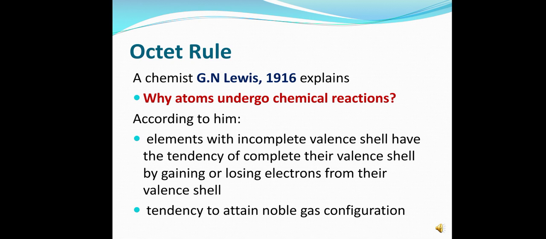Similarly, if we go through the whole periodic table and get to 7A, 7A means 7 electrons are there in the valence shell and 1 electron is missing. They need 1 electron to complete their valence shell. Each and every element in the periodic table except the noble gases is incomplete. They have an incomplete valence shell electronic configuration.